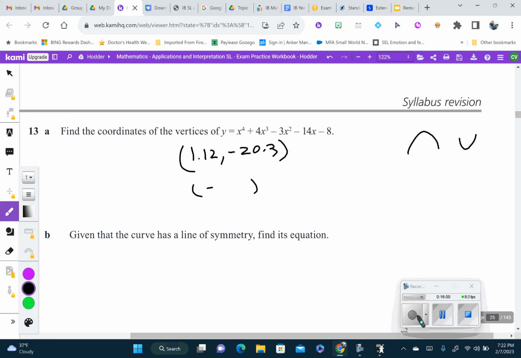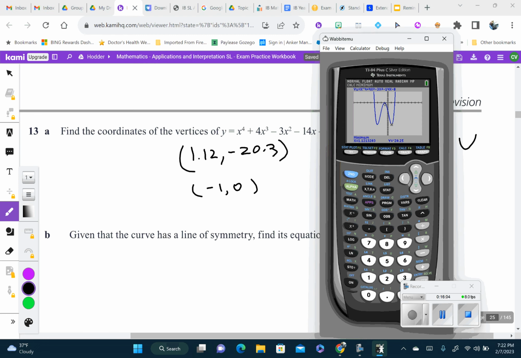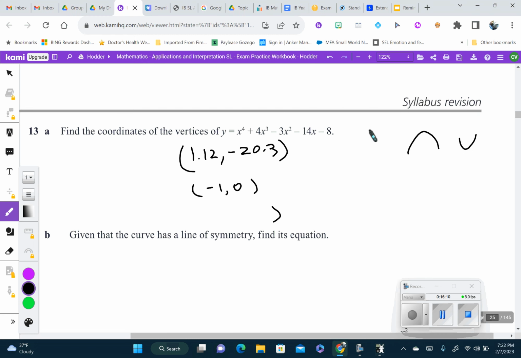The other ones should be negative 1 comma 0 is this point right here. And the last one right here is the same y coordinate, so it's still negative 20.3, and the x coordinate for that is negative 3.12. So I did that before.